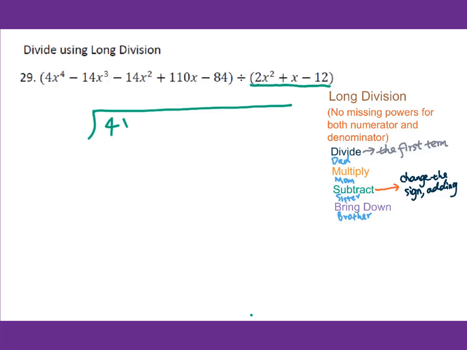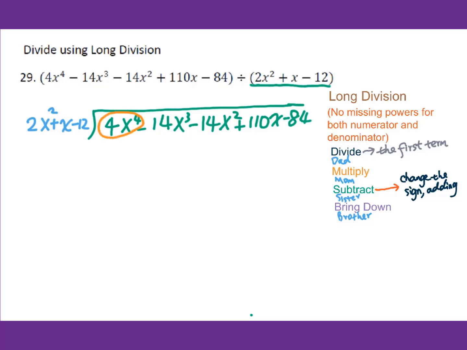We got the 4x to the fourth minus 14x third minus 14x squared plus 110x minus 84. Then you divide it by 2x squared plus x minus 12. Divide means the first term divide.